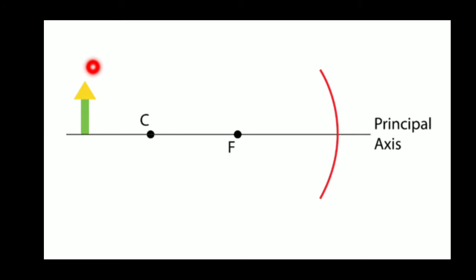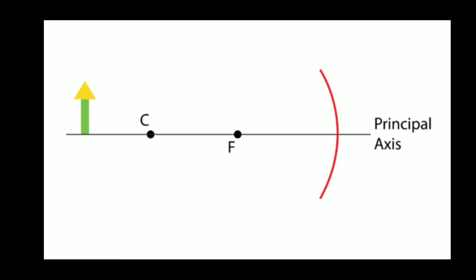And what is represented here? The green arrow is what we are going to call an object. It may be anything: a bulb, a candle flame, a pencil, an arrow pointer, or a tree. For representation in the diagram today, we have taken this as the object.